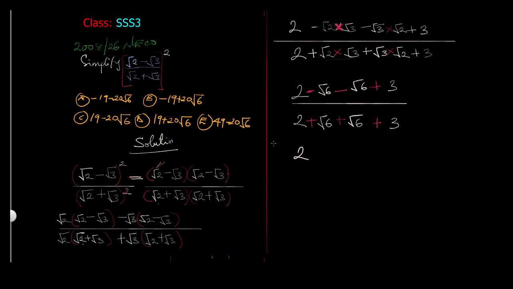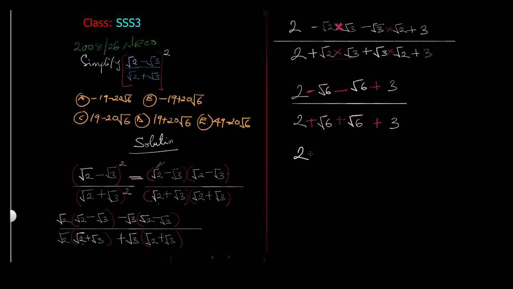Okay, now let's come to what I was talking about. Minus square root of 6 minus square root of 6 is what? Minus 2 square root of 6. Look at it again and be sure of your answer.